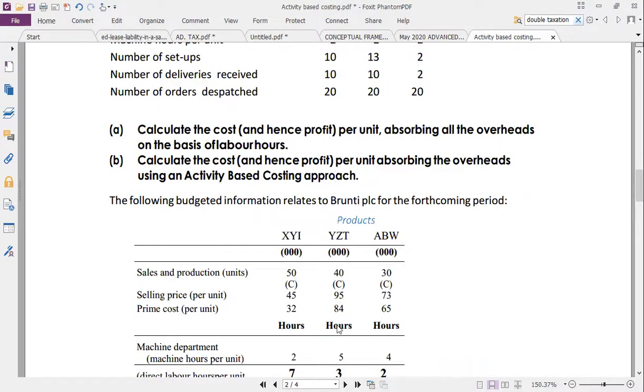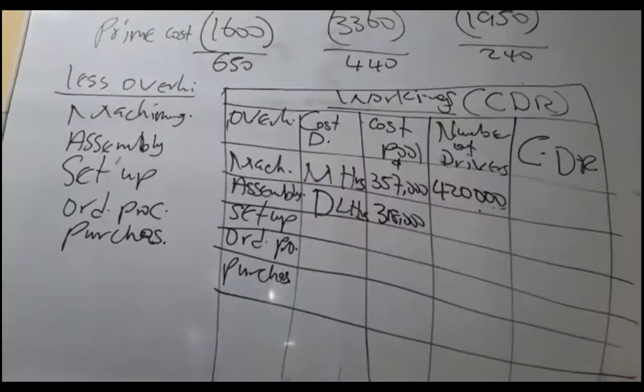Then 3 by 40, that will give us 120. And 2 by 30, that will give us 60. So 60 plus 120, that's 180, plus 350, that will give us 530.